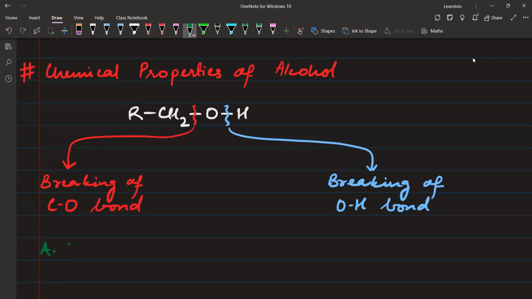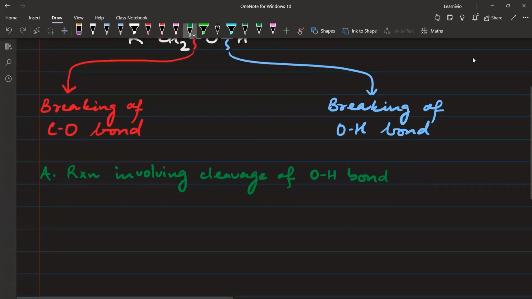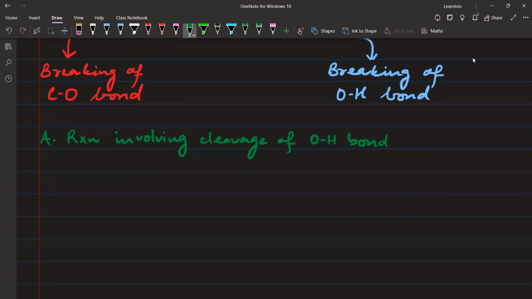We'll call this reactions involving cleavage of OH bond. Now, in this, the first reaction is reactions with active metal.